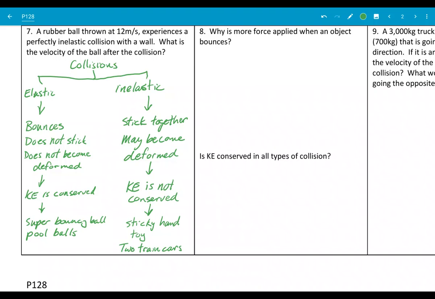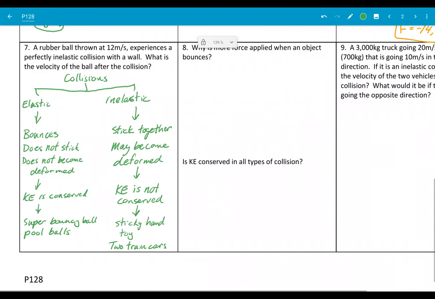All right, but in this example, it says we have a rubber ball that's thrown and experiences a perfectly inelastic collision with the wall, which means that the ball was going really fast, and this is like situation 1. Right? Moments later, it's stuck on the wall.